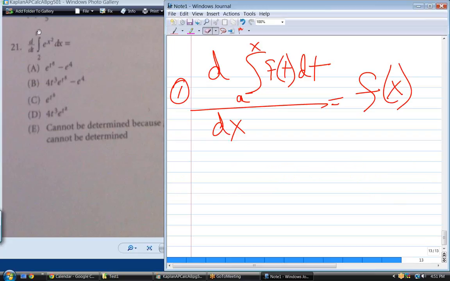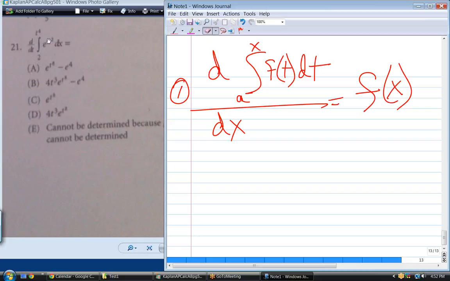if this said t instead of t to the fourth, then all I would do is substitute the t for the x, and my answer is e to the t squared. It's that simple. When this is exponentiated, then you have to apply the chain rule.